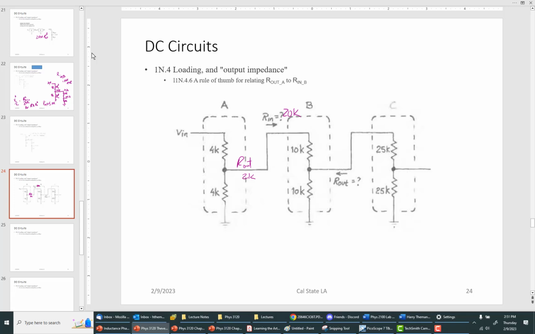We're good, right? This has an R in of 50K, and this has an R out of 5K. So as long as we always follow the 10 times rule, we don't have to worry about what's going on in previous stages. We just worry about the relationship of any two stages.